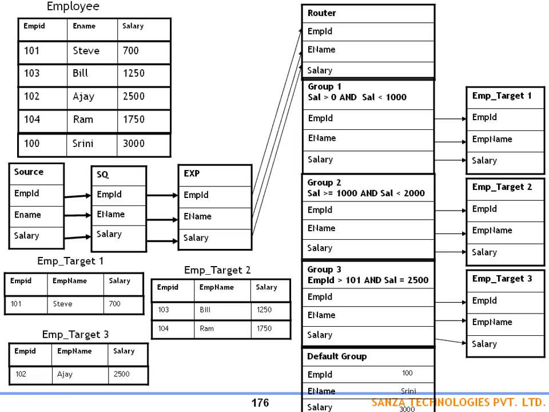So the record does not satisfy any of the user-defined outputs, then it goes to the default group. You can take it out, or if you don't want to, it will drop the records from the default group. So that is the advantage of a default group in router transformation.